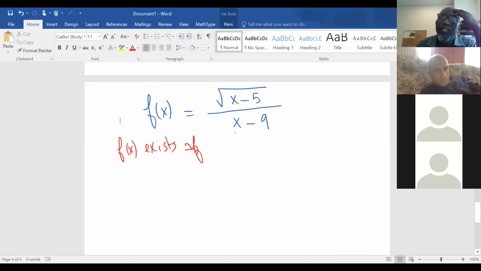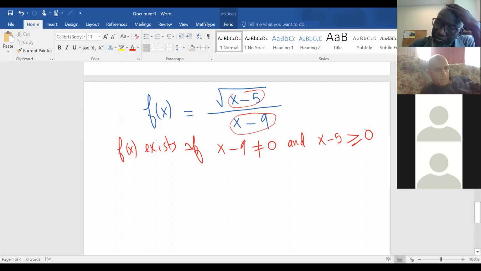What can be 0? X. Right. Yes. Now, if we focus on the denominator, we would say x minus 9 cannot be 0, right? And if we focus on the numerator, x minus 5 has to be greater than or equal to 0. Everybody see that? Now we have to combine both conditions, right?